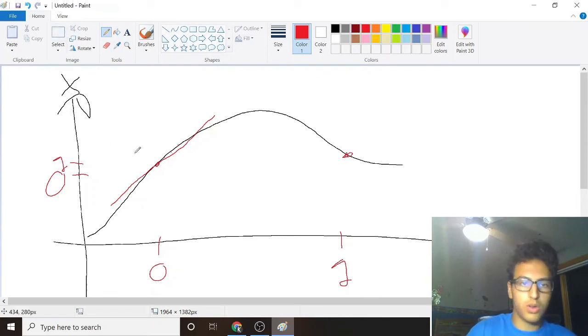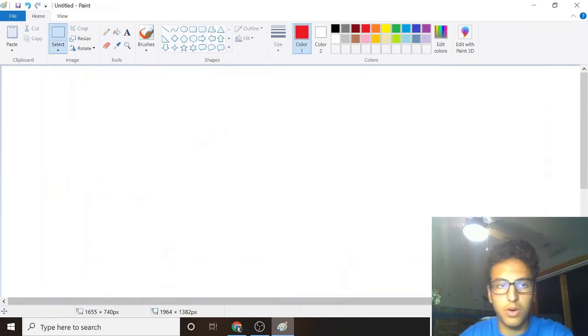Okay, and so that's one way to look at it. And how can you also look at it? Well, if you know the value of the slope of the tangent line, then you can multiply by a small change in time, and you can get a small change in displacement. And so, what happens with all of this?